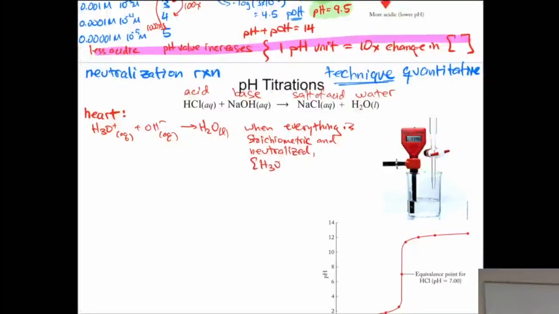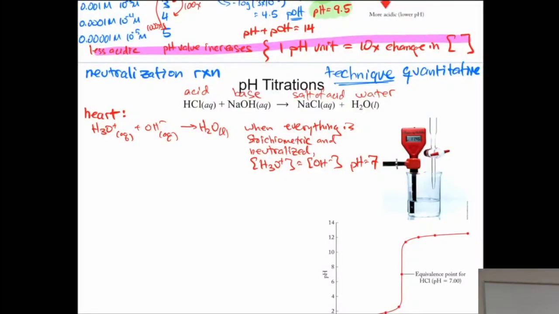The hydronium ion concentration will be equal to the hydroxide ion concentration. And when that's the case, what will the pH be? It will be 7, right? This pH will always be 7 when the hydronium ion concentration is equal to the hydroxide ion concentration.